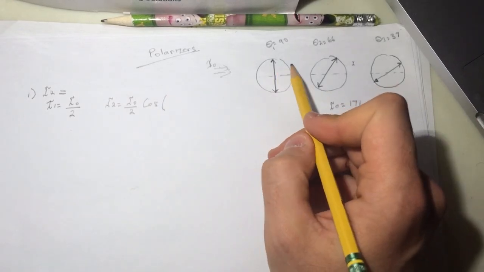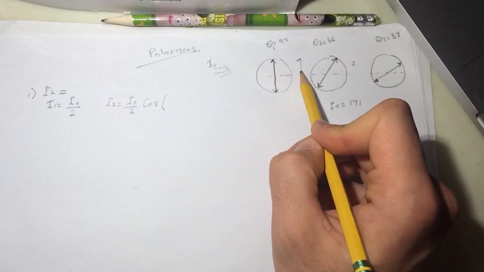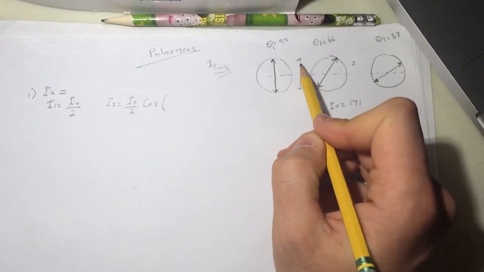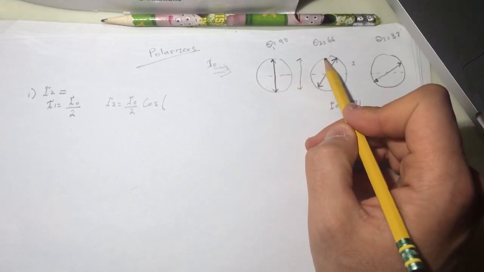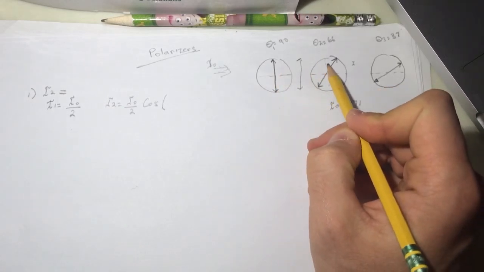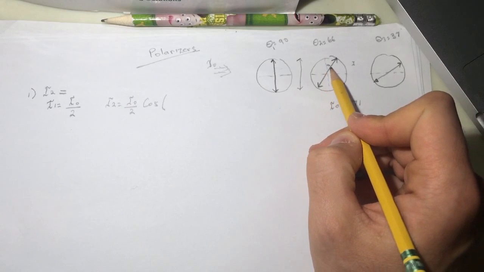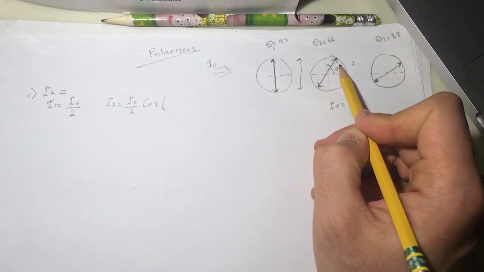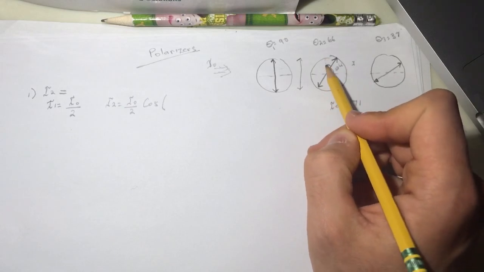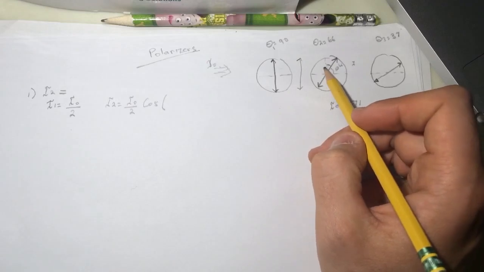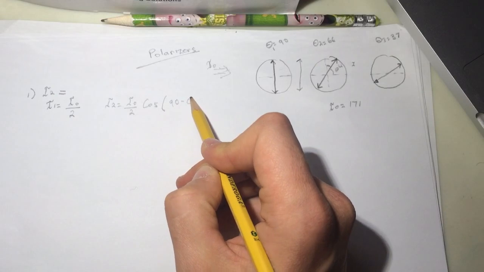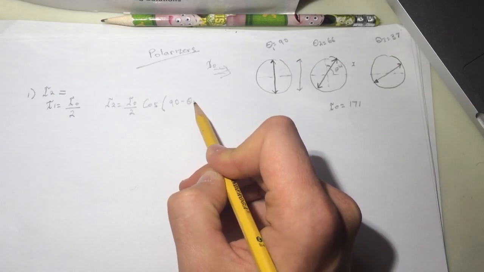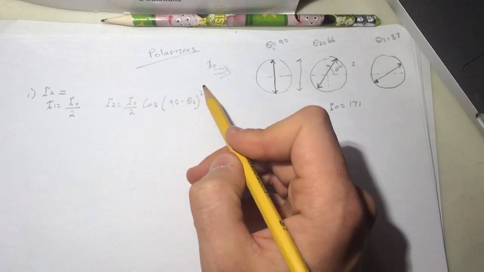of the angle. The light will go this way, and when it hits this one, it's going to have an angle, and we want this angle. If this is 66 and this is 90 degrees, the angle here is 90 minus theta 2, squared.